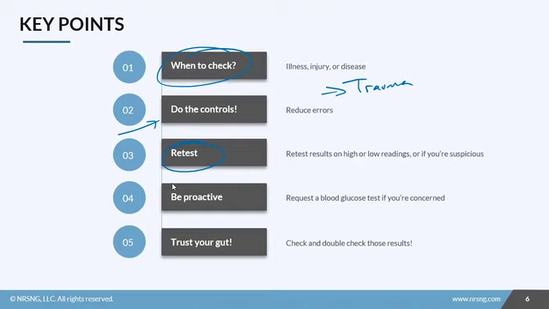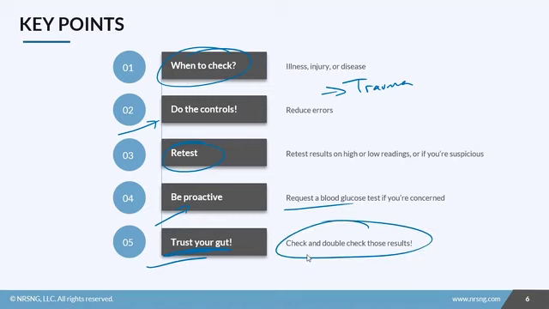And it's also going to help you to get an idea of which way you should be going and when you should be treating. Also be proactive in terms of requesting a blood glucose. If like we talked about you are suspicious of something going on, go ahead and say, hey, can we just get a blood sugar on him real quick? That way we can just make sure that nothing wonky is going on. So just be proactive with those patients. And lastly, trust your gut.